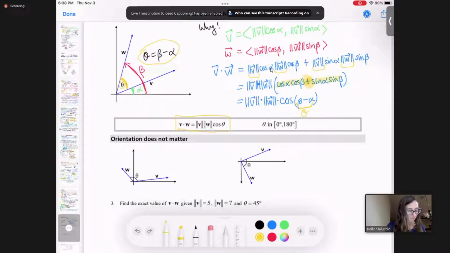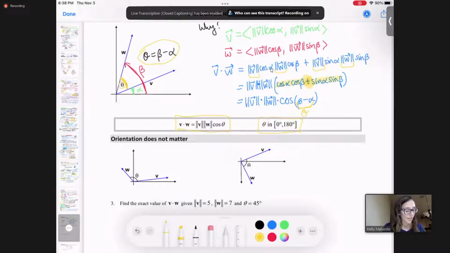Okay. And keep in mind, in this case, we do want to keep theta between 0 and 180. It's kind of like when you have sine and cosine and tangent, you have certain domains for getting inverses.